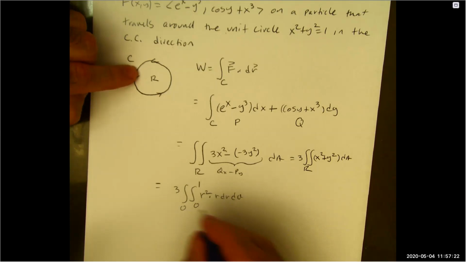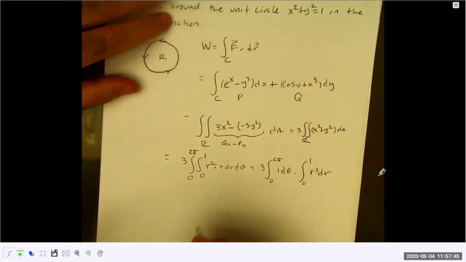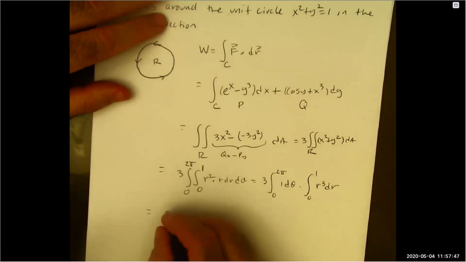And so this one is easy to split up as a product. So we're going to have 3 times the integral from 0 to 2 pi of 1 d theta times the integral from 0 to 1 of just r cubed. And so we're going to have 3 times 2 pi.